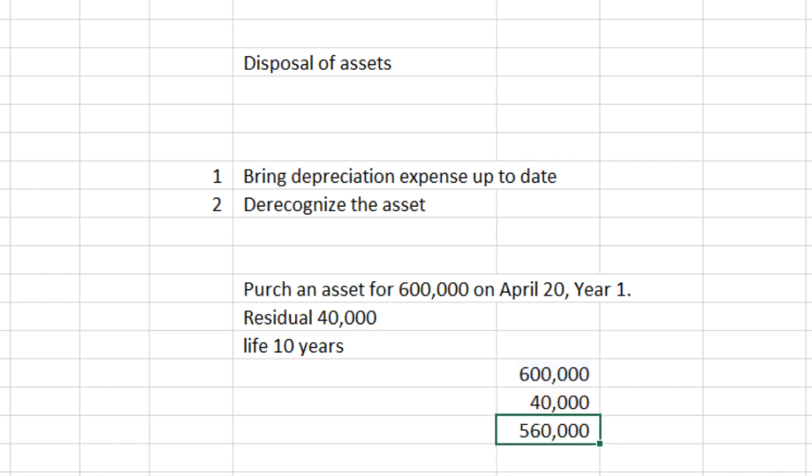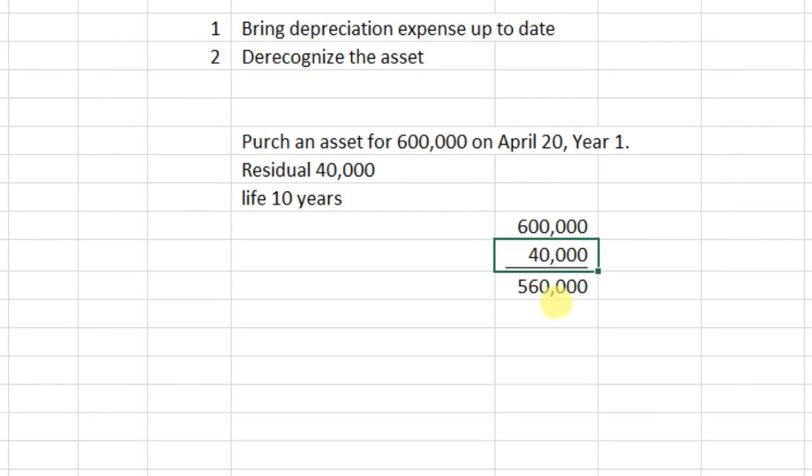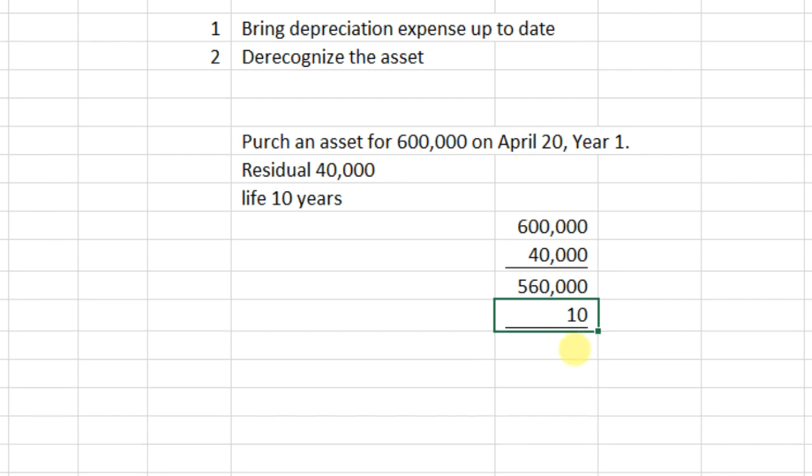We need to depreciate $560,000. So we're going to do that. Now, 10-year useful life. I know this isn't tough math for us, but we'll just do it anyway. $560,000 to depreciate divided by 10 years, $56,000 a year.